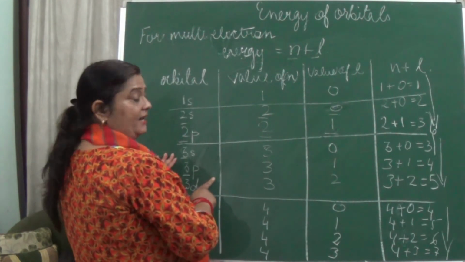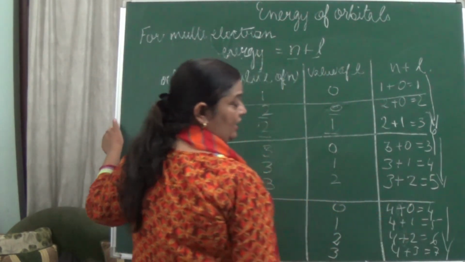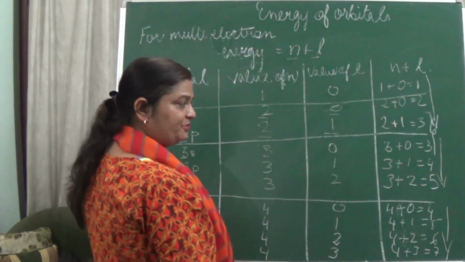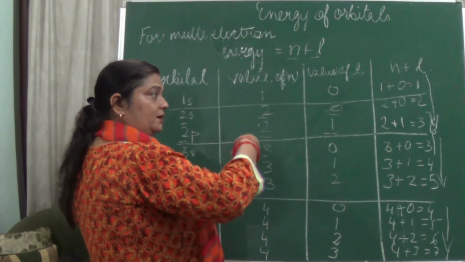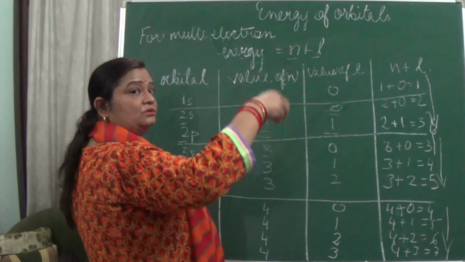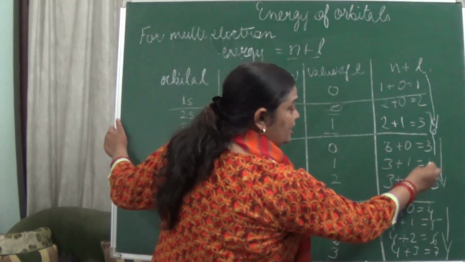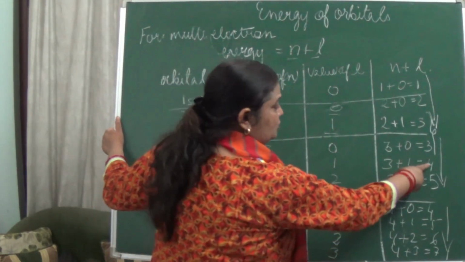Here also it is increasing, but when you compare it with the third energy shell, there you got 4 and here also you got 4, and there you got 5 and here also 5. In the next section we will be studying the principle that has been arranged according to this table, how electrons are arranged in the different energy shells. So if it is 4, which should be written first, this 4 or that 4?